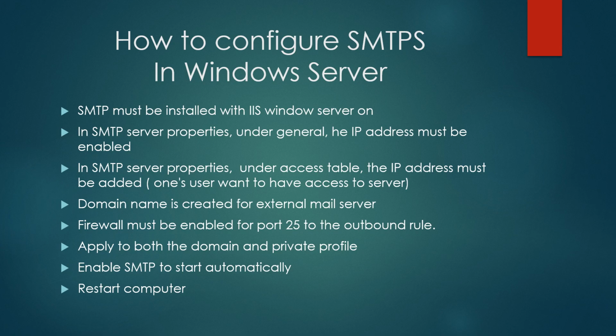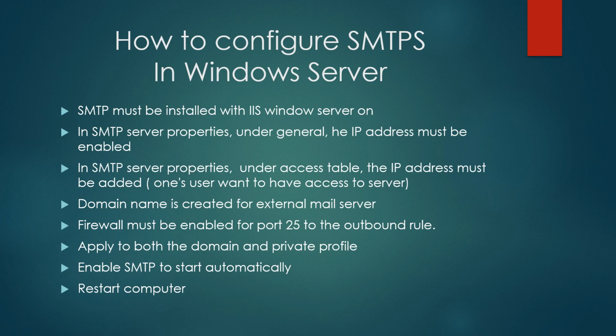Then you also have to make sure that you set some properties. For these properties, on the general rule, you have to make sure that the IP address is enabled. When it comes to the server properties, under the access rule, you have to make sure that the IP address is added, meaning your actual server address must be added.